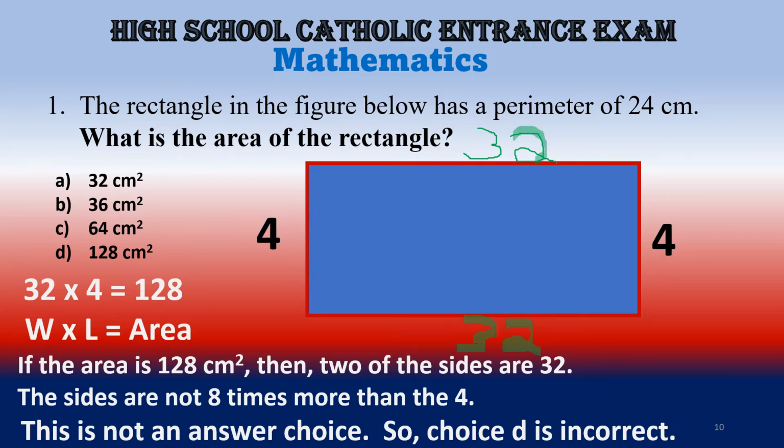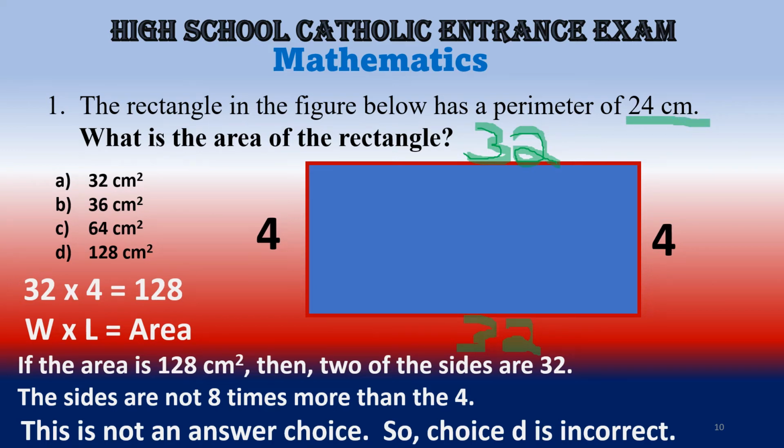If you have 32 centimeters here, and then 32 centimeters here, you're already at 64. Plus 4 gives you 68, plus another 68 is going to give you 72. But you were told that your perimeter was 24 cm, so that's too much.